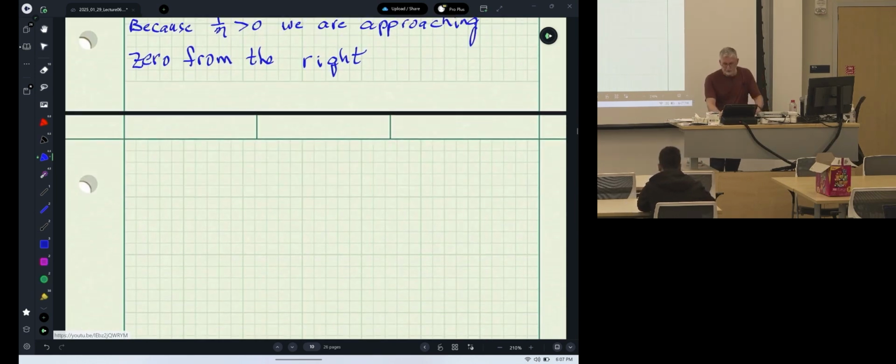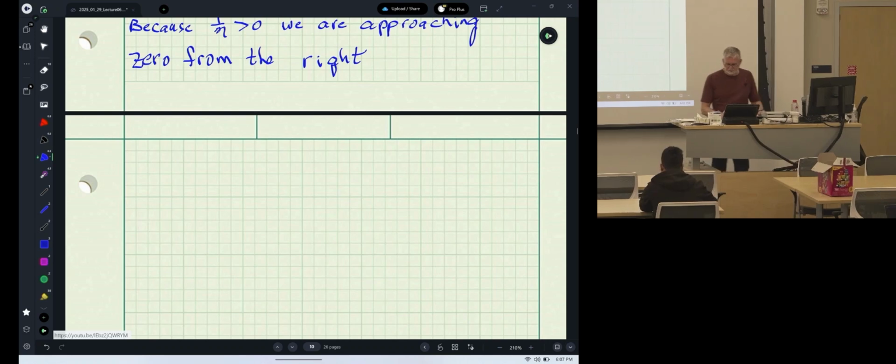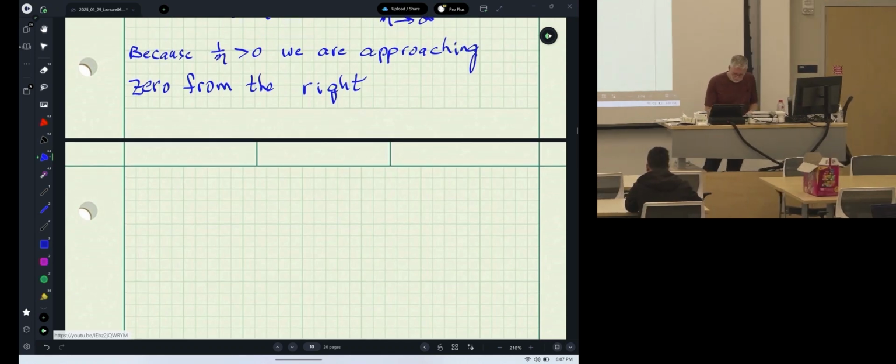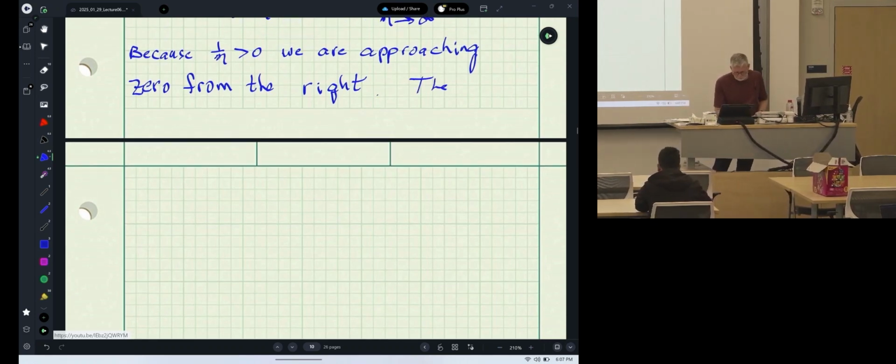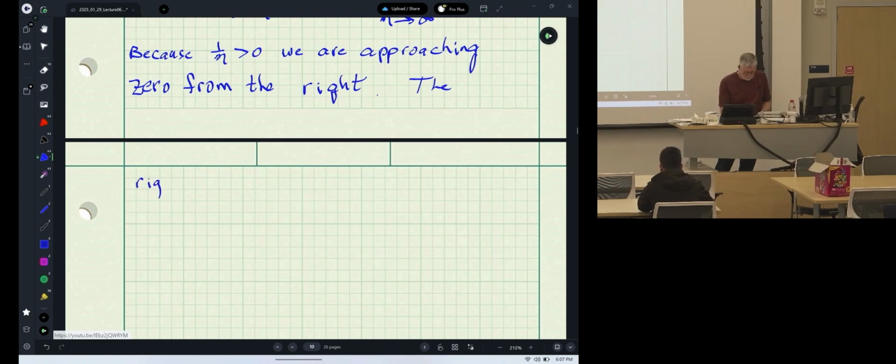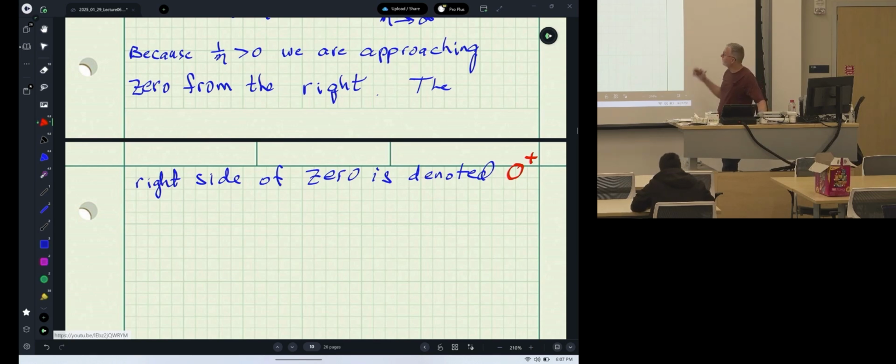The right side of 0 is denoted 0 plus, because we've approached it through positive values. Okay, we didn't go through negative values.